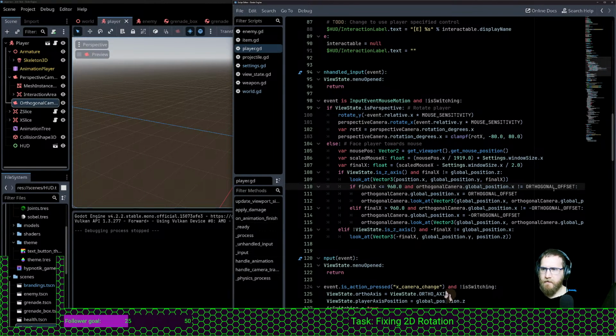Something very specific that I need to do here. So we look at the correct position.